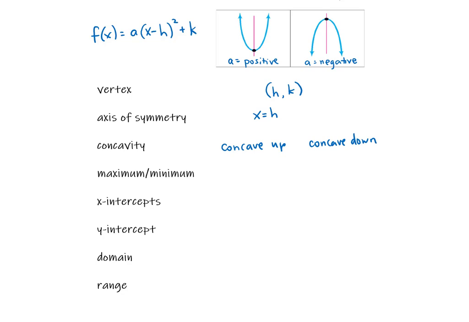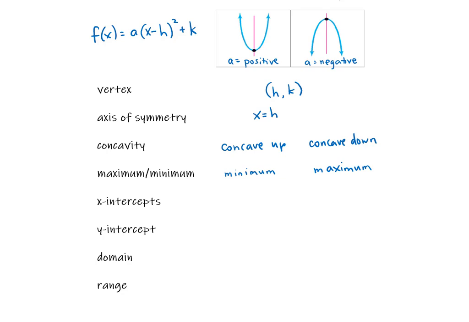When it's concave up, it has a low point down at the valley, and so that actually has a minimum. When your a is positive, you have a minimum, but when a is negative, you have a maximum, because you can see those high and low points.